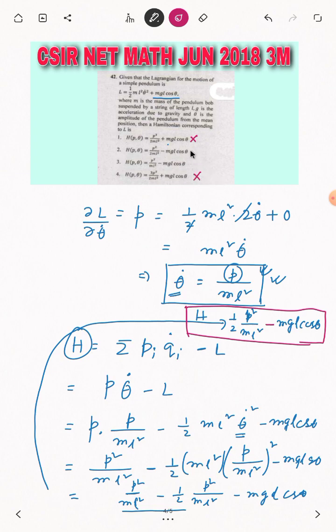We should come to these two options only. One has minus mgl cos theta, here it is also minus mgl cos theta, but these two will make us the answer, because in the denominator we have 2, so obviously its answer is 2 and 3 is cancelled.